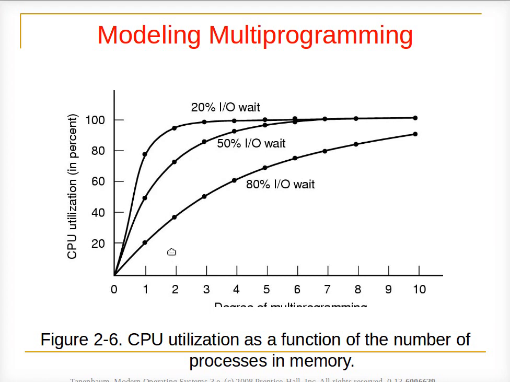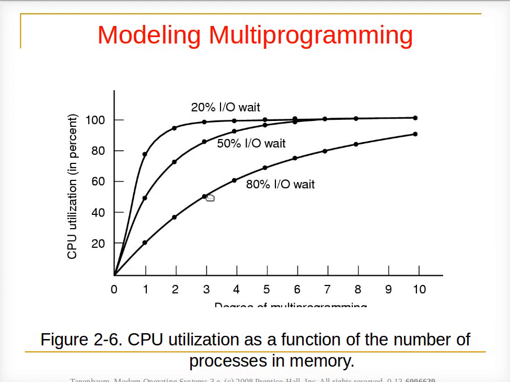So here we can see the disk utilization and the CPU utilization with respect to the degree of multiprogramming. So we can see that the processes that are only 20% I/O heavy reach maximum processor utilization very quickly, at a multiprogramming degree of 2.